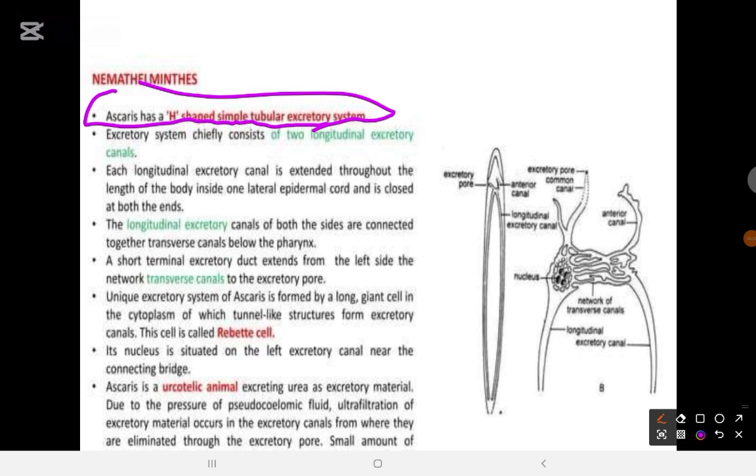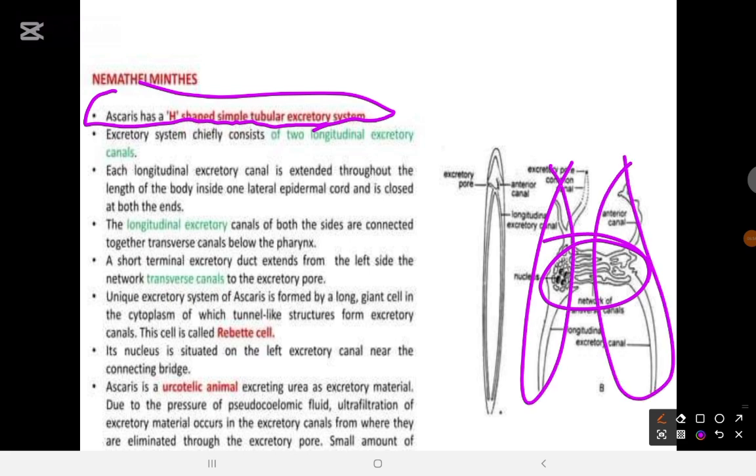They have a tubular excretory system, like I said, that is simple also. And the system has two lateral excretory canals that you can see here, running along the sides of the body.